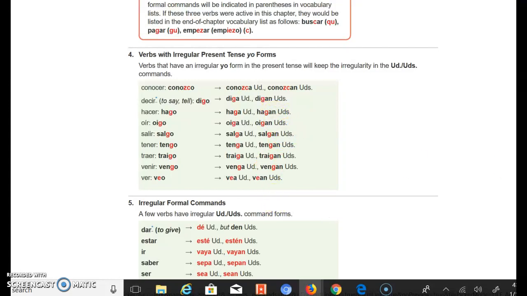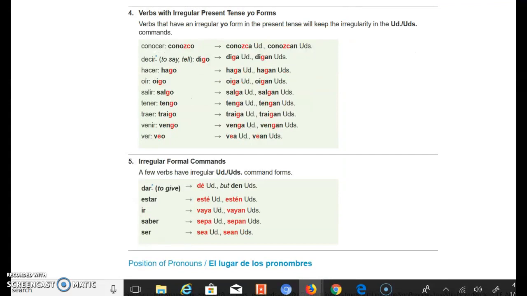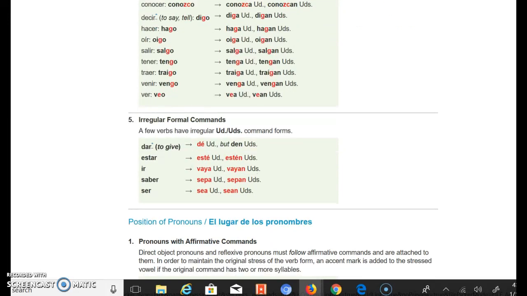And then there's a handful of irregular commands. De, for dar, and esté, for estar, and vaya, go. Sepa is know something as a command. Sea is be, like be good, sea bueno.